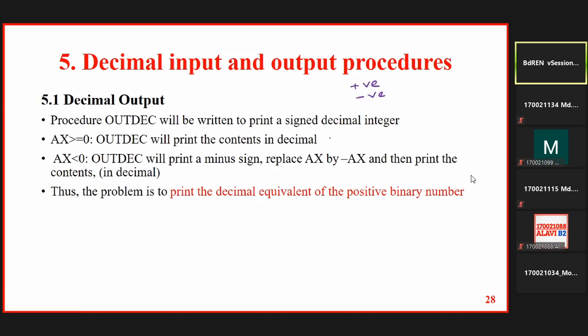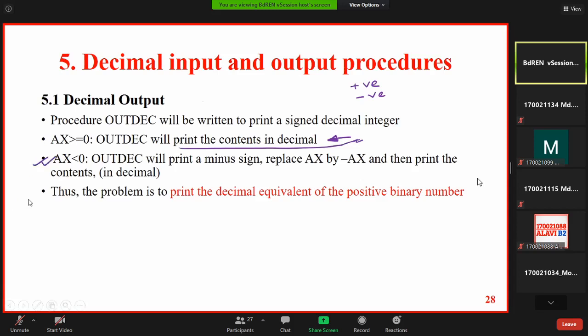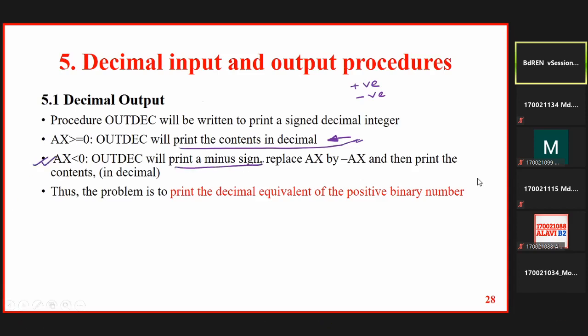If it is positive, then we will directly go to print the content in decimal. Whatever the content in hex or binary, we'll convert that to decimal and show it on the display. But if the number is negative, we'll print a minus sign at the beginning. Let us say it is FFFB. That means it is -5. Whenever it is less than 0, the minus sign will be printed to the output.